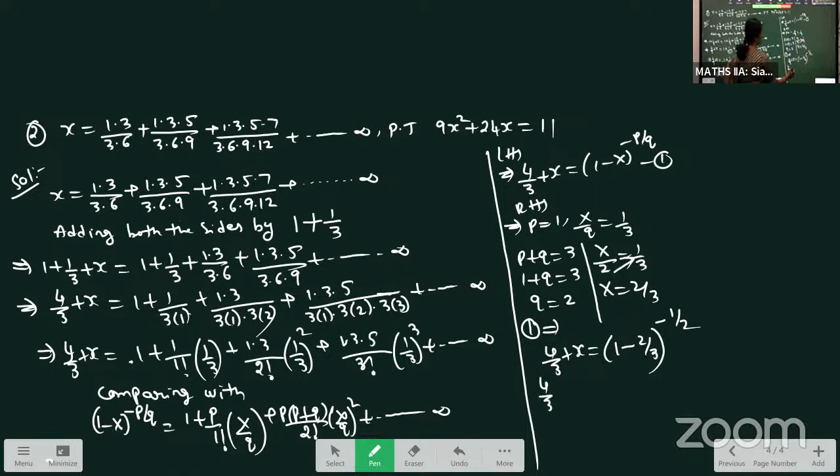So 4 by 3 plus x is equal to 1 minus 2 by 3, 3 is LCM, 3 minus 2 is 1 by 3, to the power minus 1 by 2. Now remove this negative power by writing the reciprocal of 1 by 3, which is 3, to the power 1 by 2. Only removing the minus, I am taking the reciprocal of the inside bracket. Power 1 by 2 as it is.